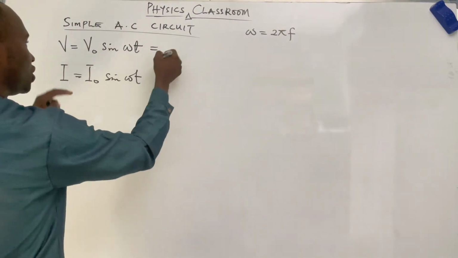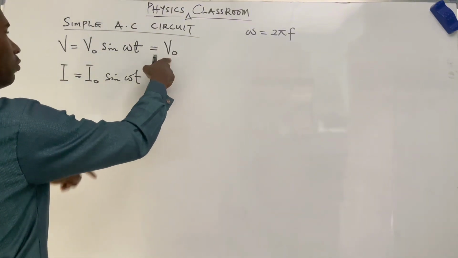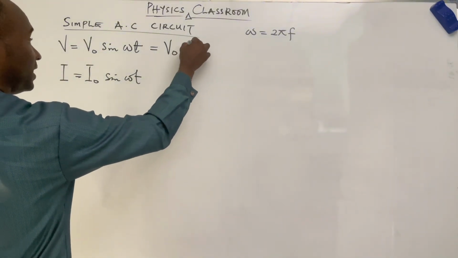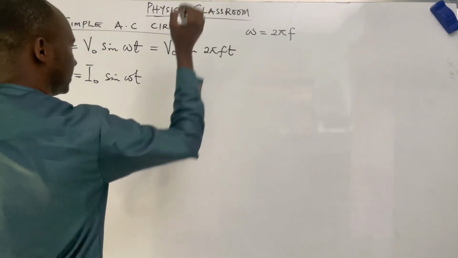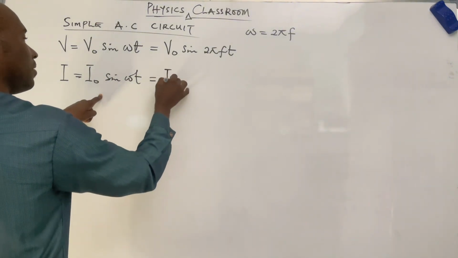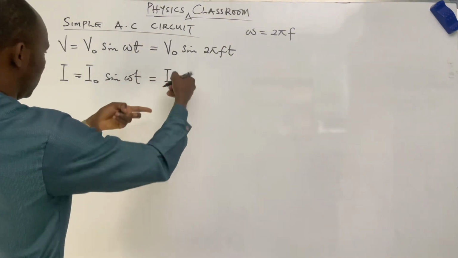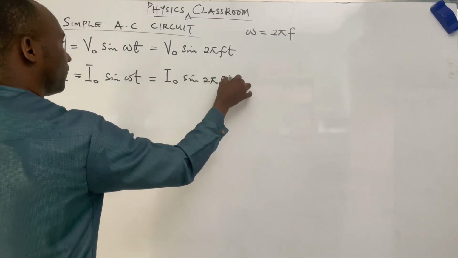So this can change to maximum value of voltage, which is peak voltage, sine 2 pi ft. As well as this, that of the current will change to maximum value of current or peak current, sine 2 pi ft.